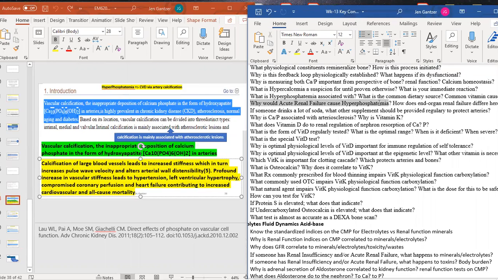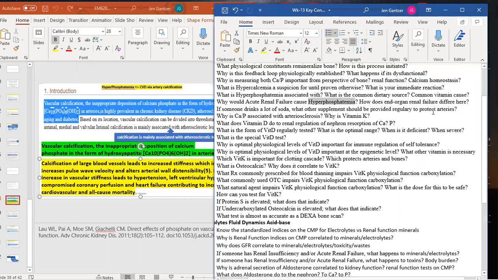So why would renal failure cause hyperphosphatemia? Because the nephron excretes, meaning it pushes the phosphate into urine, and then it saves the calcium, it saves sodium. So if you cannot efficiently excrete phosphate, then you can also end up with acute renal failure or acute renal insufficiency, having a hyperphosphatemia.